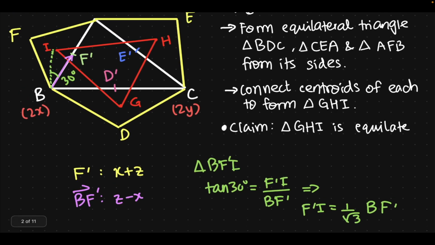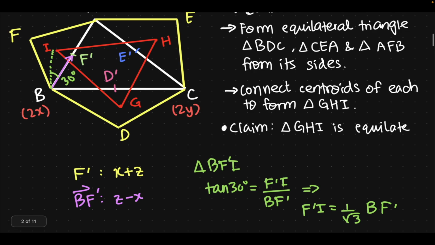But that's just the magnitude. What about the direction? If you look at this vector BF prime here, the vector we want to find is F prime I, and you notice by construction it is actually perpendicular. Now again, this line from F prime to I is only perpendicular because it's an equilateral triangle.